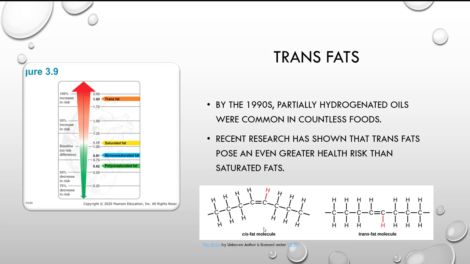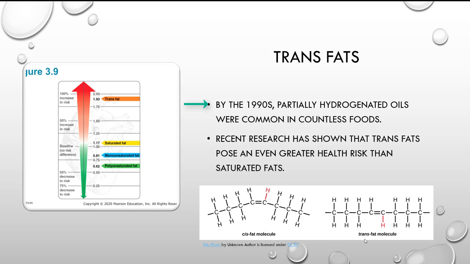And plant-based fats tend to be cheaper to produce because they come from plants, whereas saturated fats are animal-based, and so they come from animals. So it's a lot easier to raise a bunch of plants than it is to raise a bunch of animals. And so the food industry took hold of that and tried to convert our plant-based fats into a solid form. And so by the 1990s, we had a lot of these partially hydrogenated oils.